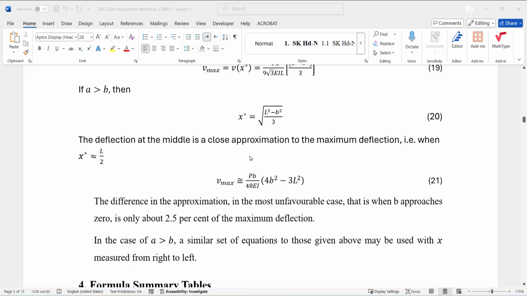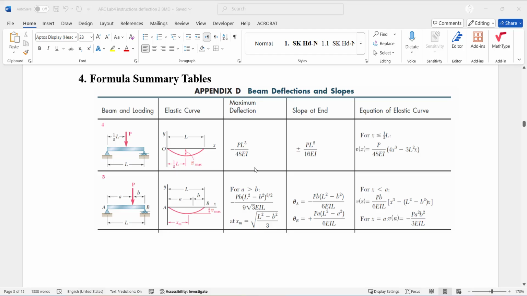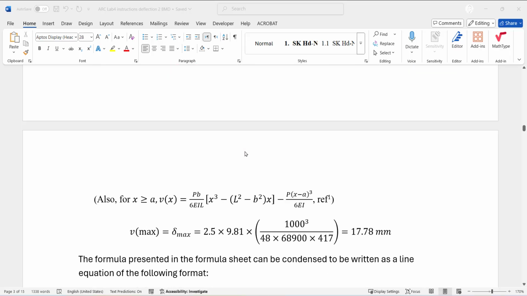Now let's go back to the experiment. So again, no need for derivation. You just need to have the formulas, to utilize these formulas to correlate the measured values, which are v of x and theta a, theta b, and how to correlate these to the load, and eventually how to correlate them to the bending moment, how to correlate them to the stress, axial stress.